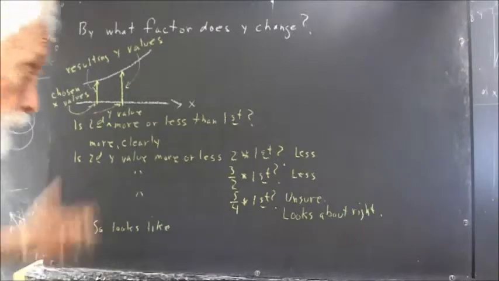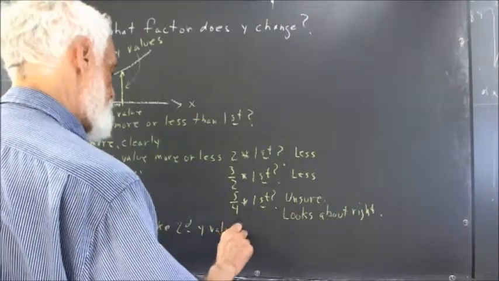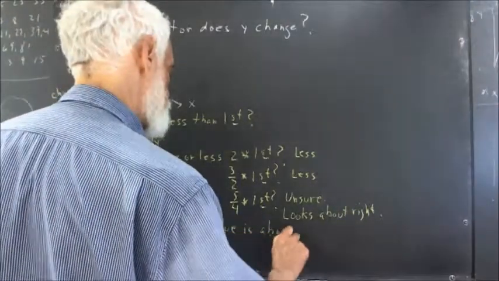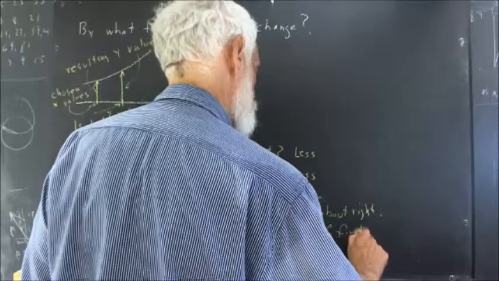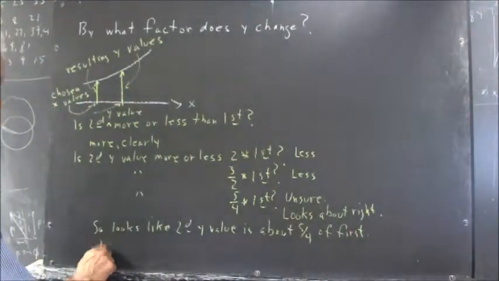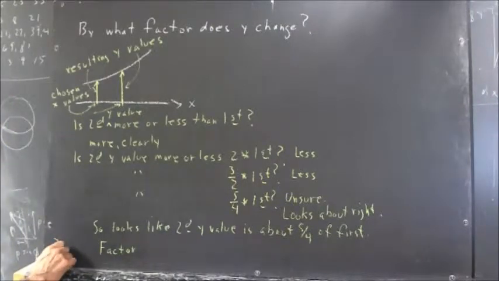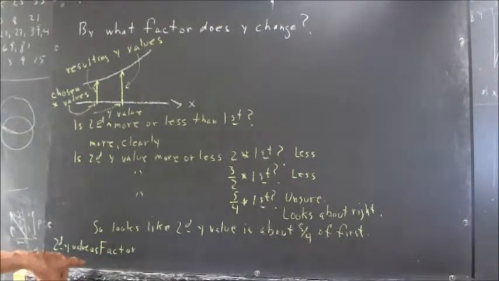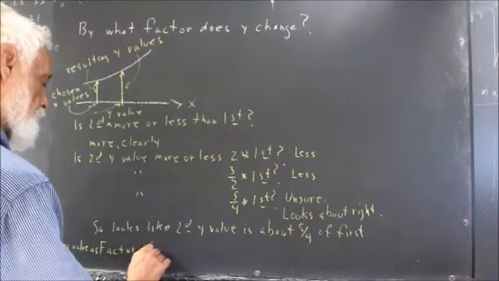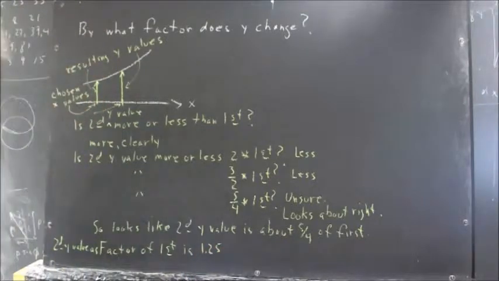Now 5/4 is 1 1/4, that is 1.25. And I'll say the second y value as a factor of the first is 1.25.